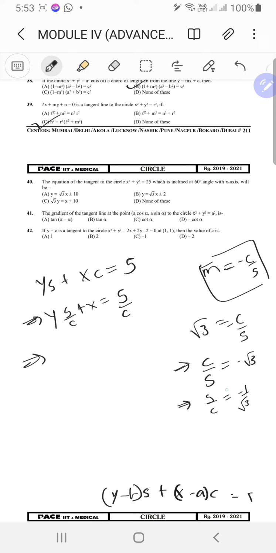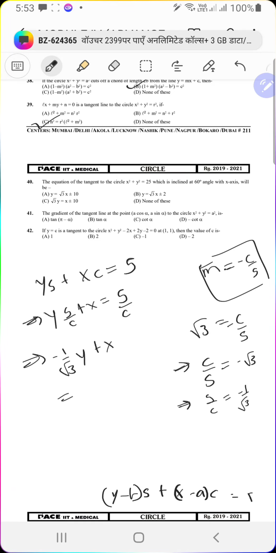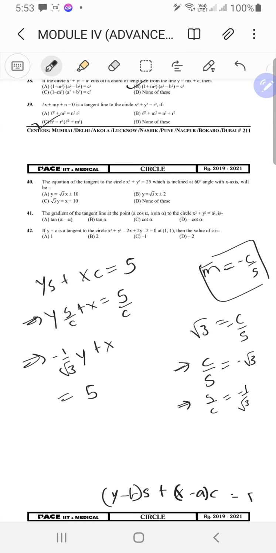We know what s upon c is, so it's minus 1 by square root 3 y plus x equal to 5 upon cosine theta, which should be 5 sec theta.